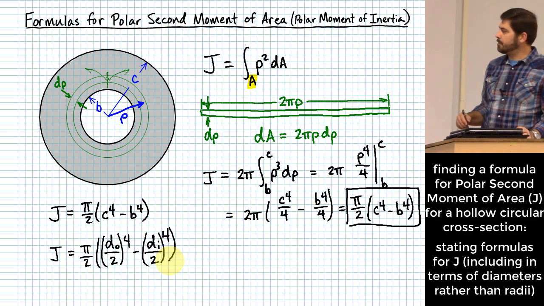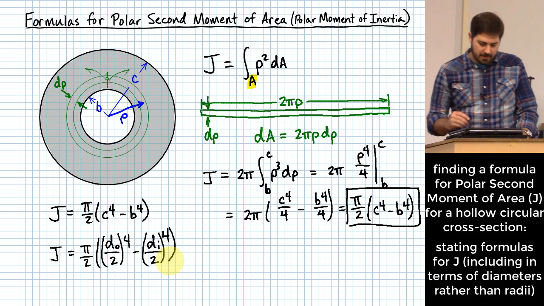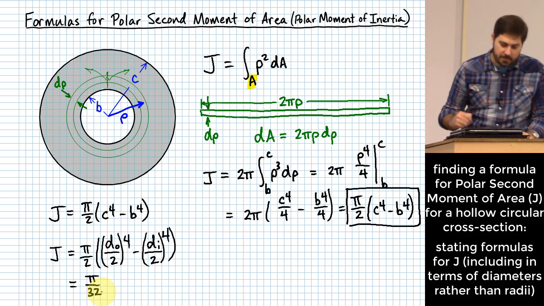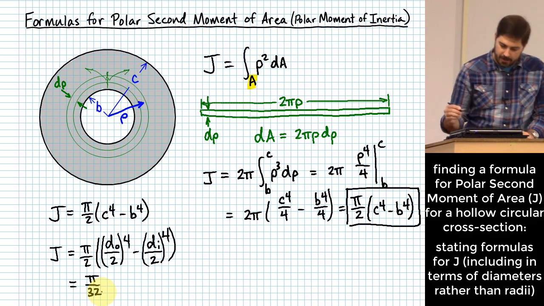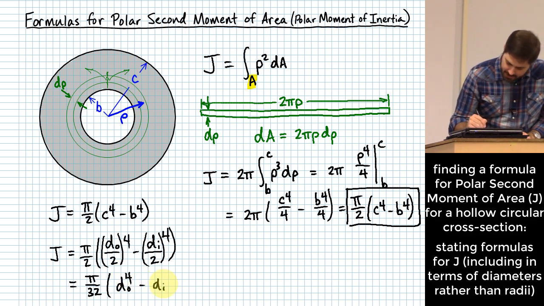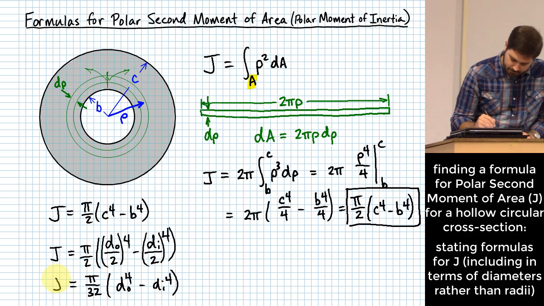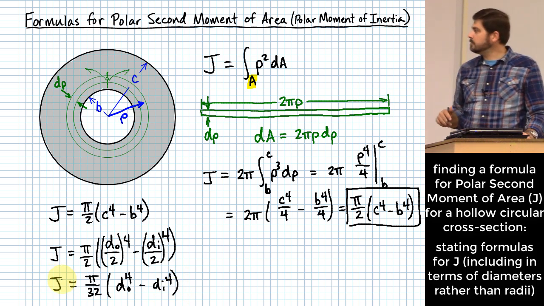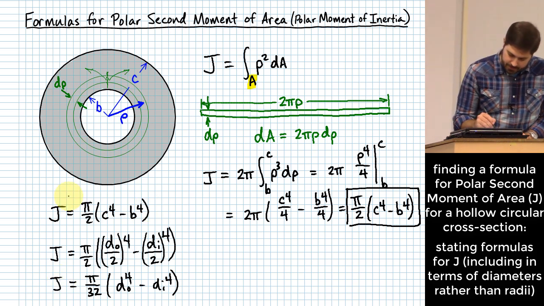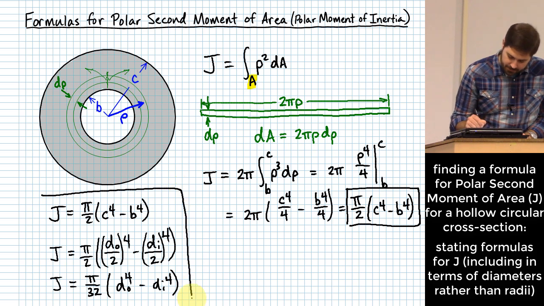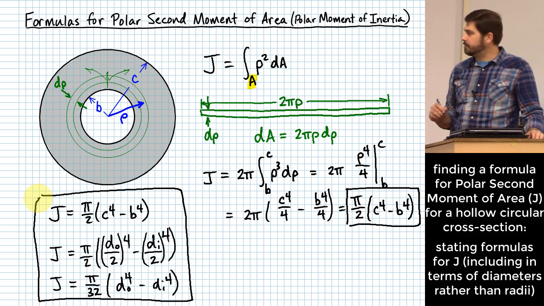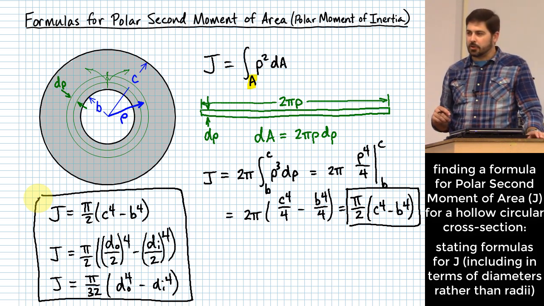What is 2 to the 4th? 16, which means this becomes pi over 32 once I combine it with the 2 that I already had in the denominator out there, multiplied by dO to the 4th minus di to the 4th. Okay? So, just keep in mind which ones of these are radii and which ones are diameters. But you should be able to handle your J without needing to look it up anywhere.